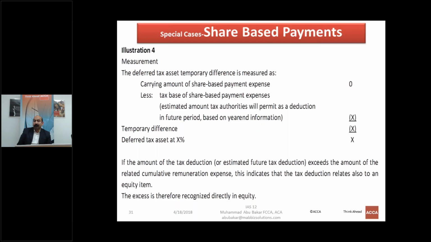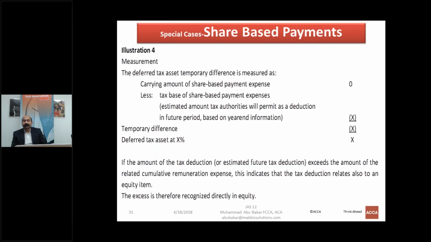A tax deduction will not arise until the options are exercised, and the deduction is based on the option's intrinsic value at exercise date. As per the standard, the difference between the tax base of the employee services received to date, being the amount the taxation authorities will permit as a deduction in future periods in respect of those services, and the carrying amount of nil is a deductible temporary difference that results in a deferred tax asset.